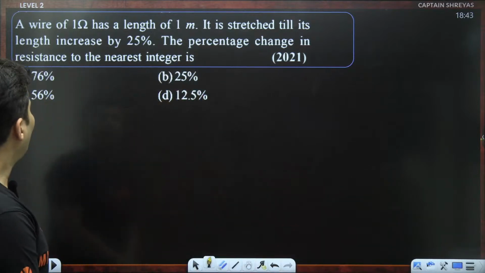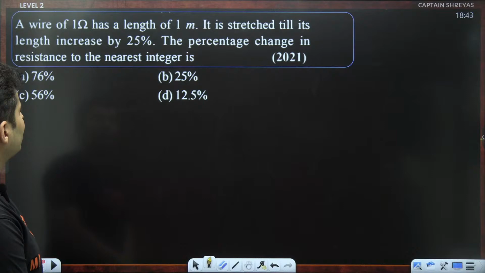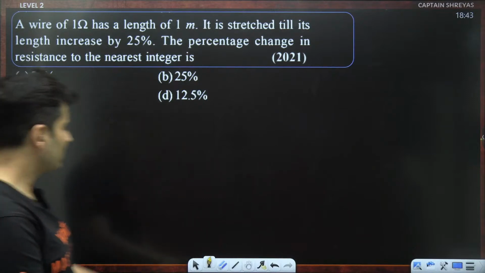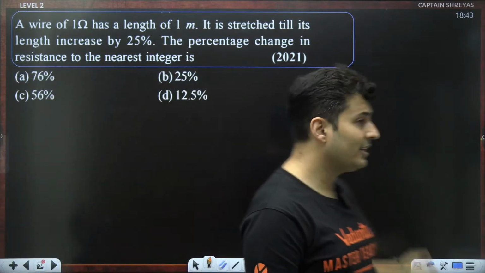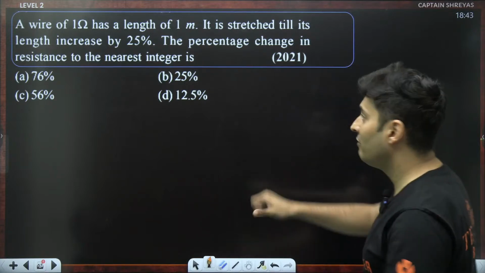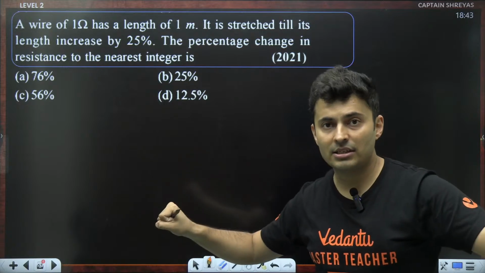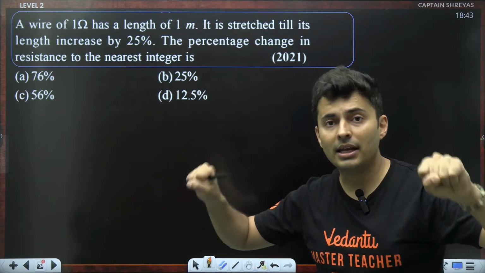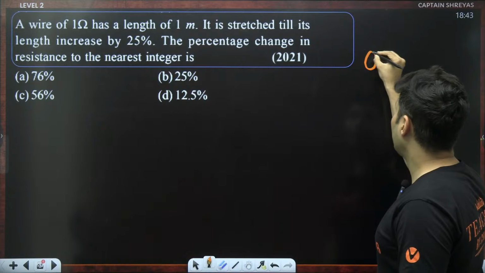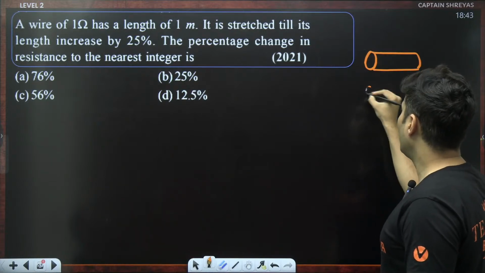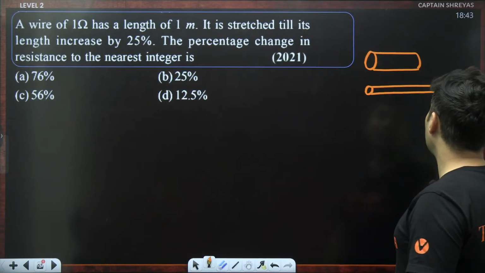Okay. A wire has its length stretched by 25%, find the percentage change in the resistance. This was a previous year question. Be careful. Whenever the wire is stretched, a lot of people think only the length changes, but do not forget even the area changes. So when you have a wire like this versus a wire like this, the area will change.